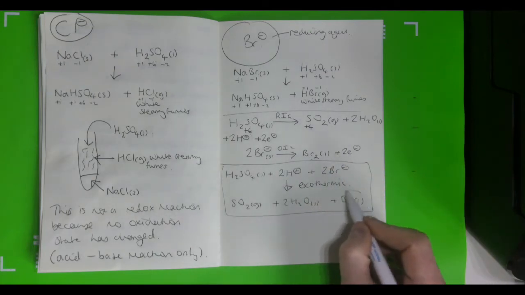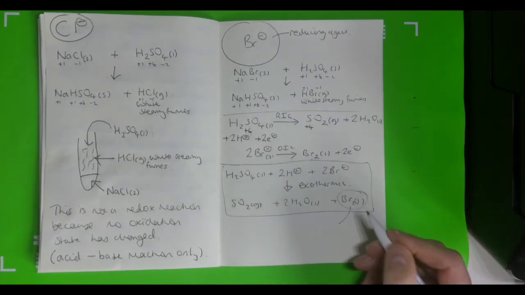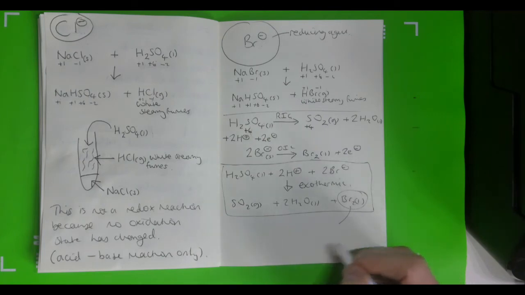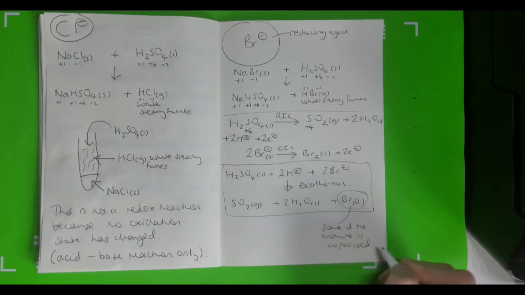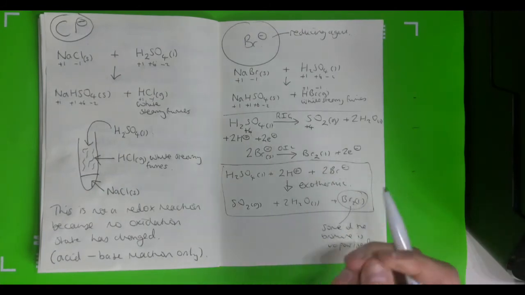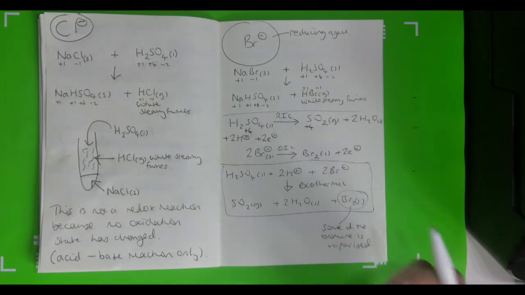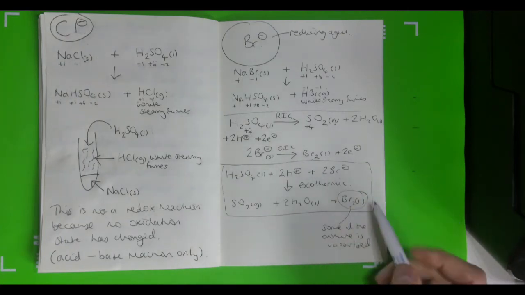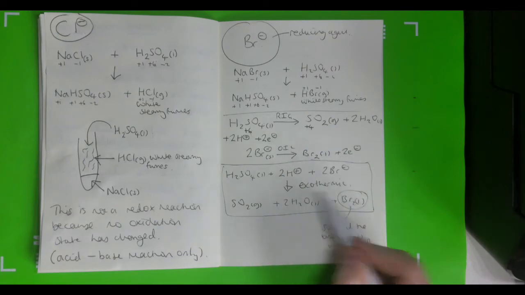And this bromine actually turns into a gas. So some of this bromine actually vaporizes. So bromine is produced as a liquid, but then what you see is this browny orange gas that's produced, and that's the bromine turning into a gas because so much heat is produced.